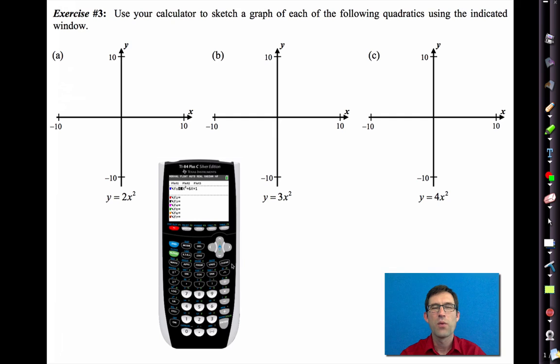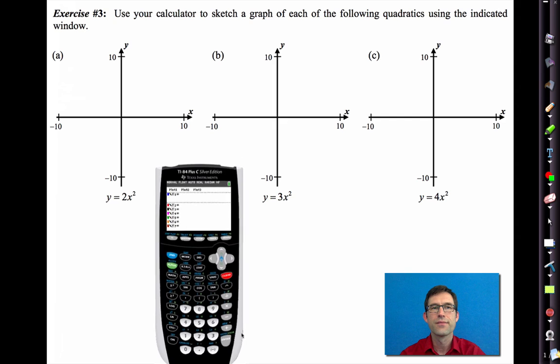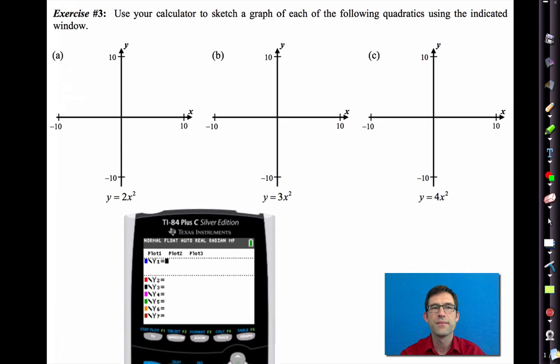All right. Maybe we'll just do the first one together and then have you do the next two on your own, given that the window is going to stay constant. So in the first one, let's clear out what's in there. Okay. Let's put in 2 times x squared. All right.